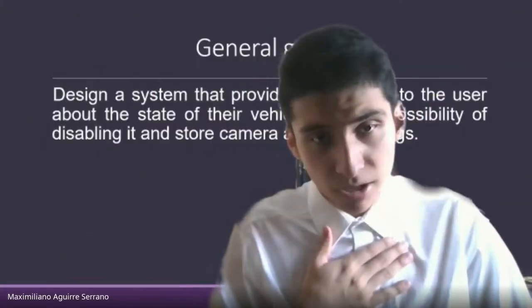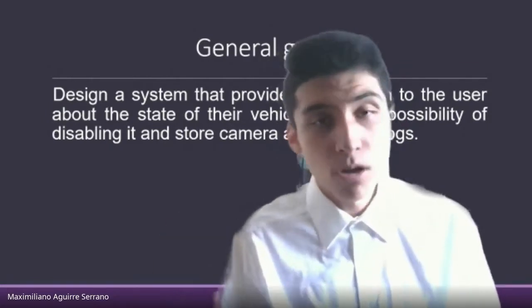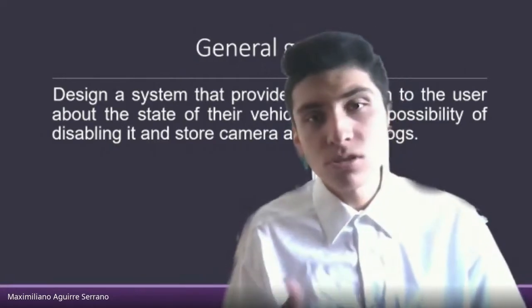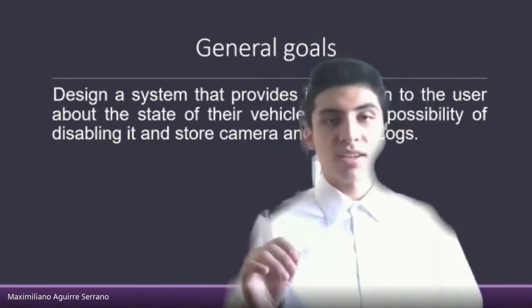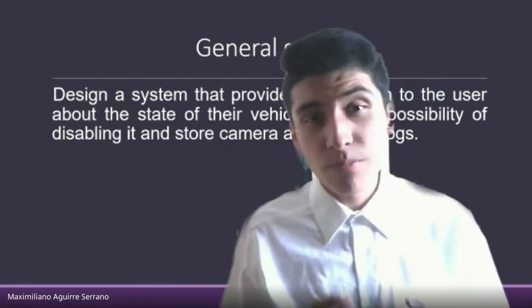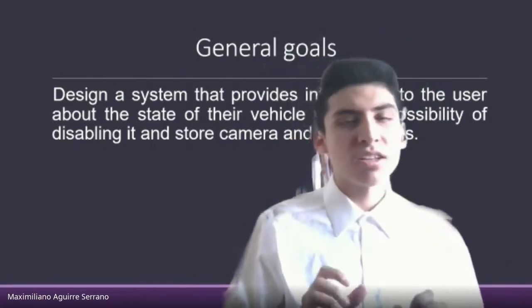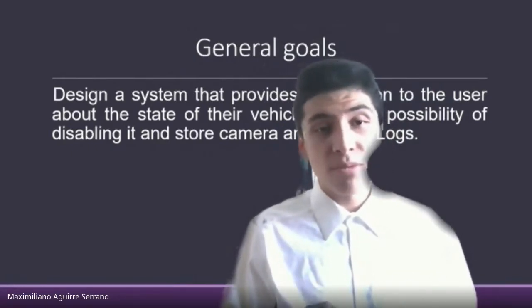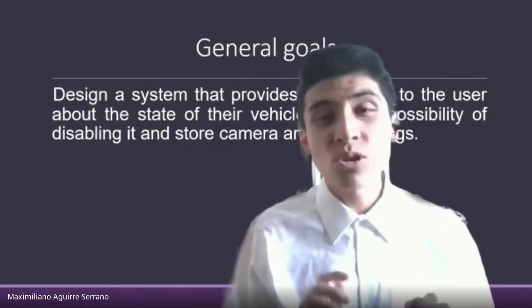My name is Maximiliano. I will talk about the general goals. The goal of this project is to design a system that provides information to the user about the state of their vehicle, with the possibility of disabling it and storing camera and sensor logs.